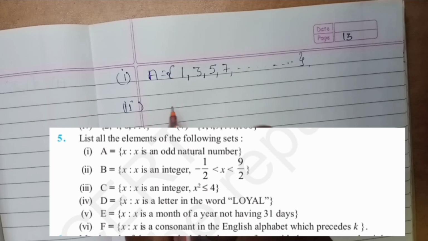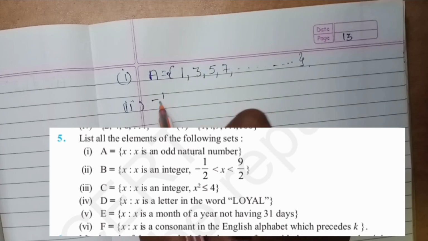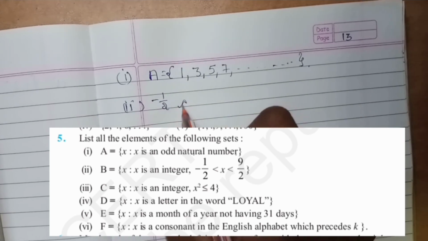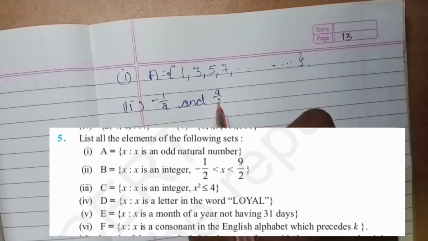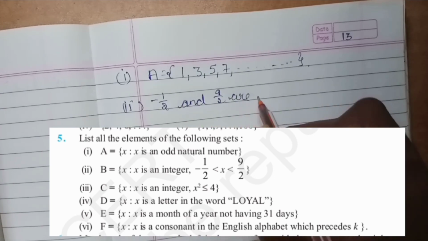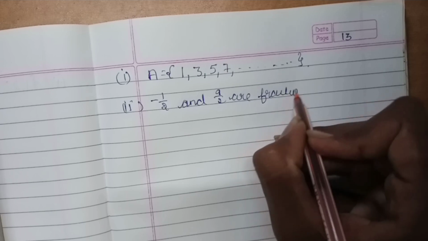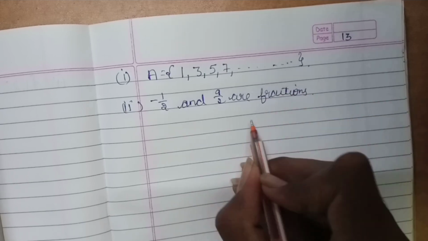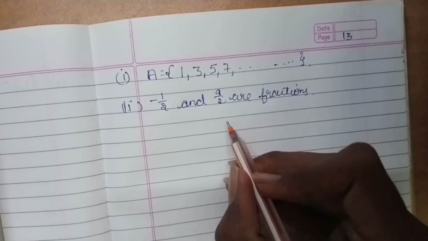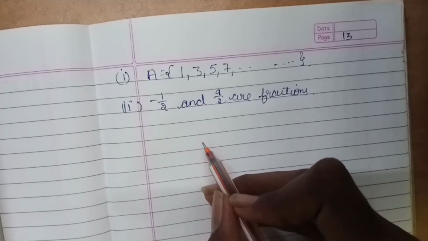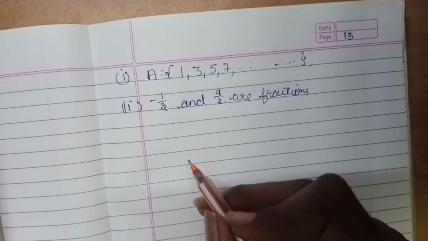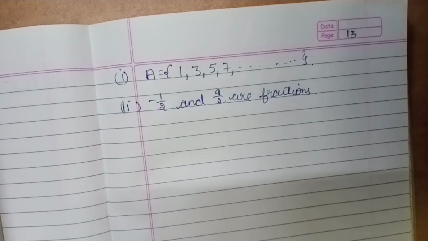And we all know that minus 1 by 2 and 9 by 2 are fractions. Fractions mean they are not whole numbers, but the statement here is that x should be an integer, but here it is a fraction.